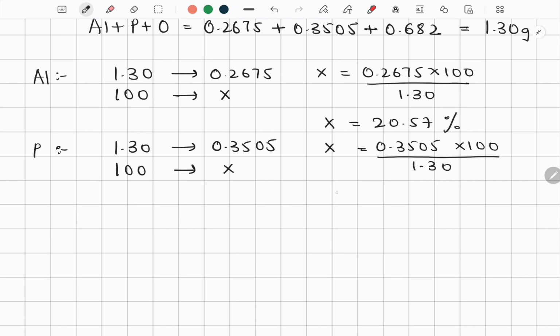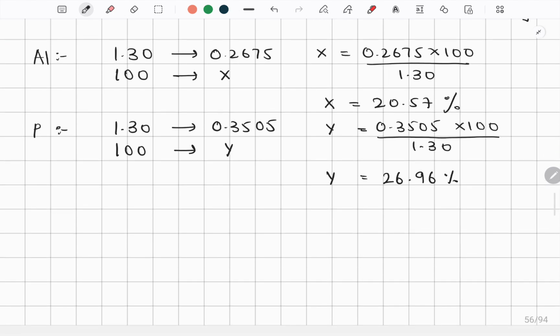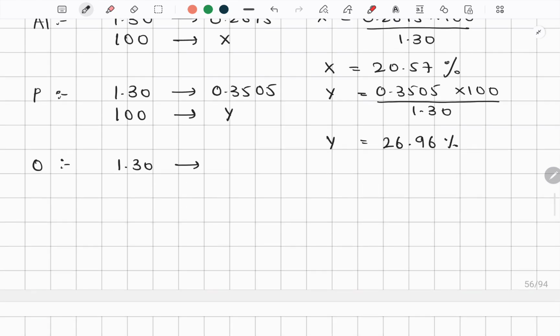When you calculate this, you get, let me call it y, y is equal to 26.96 percent.